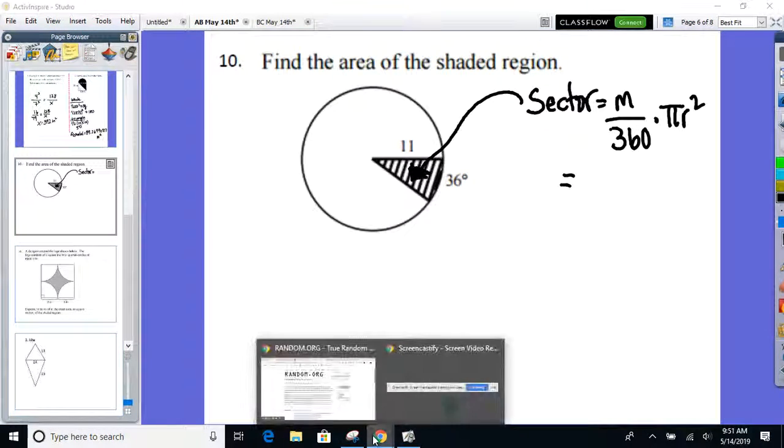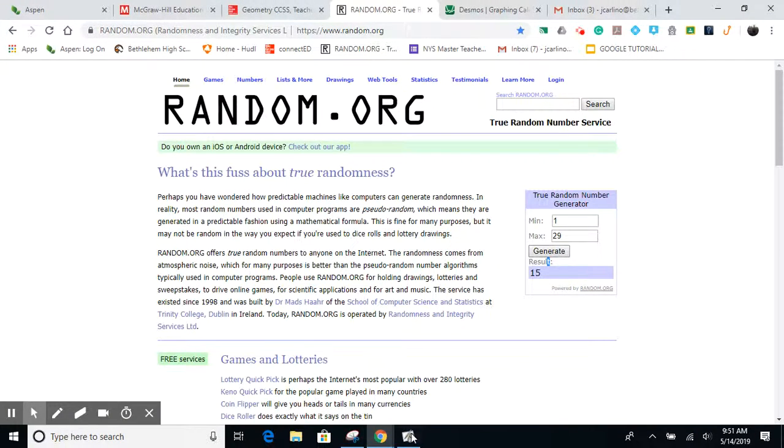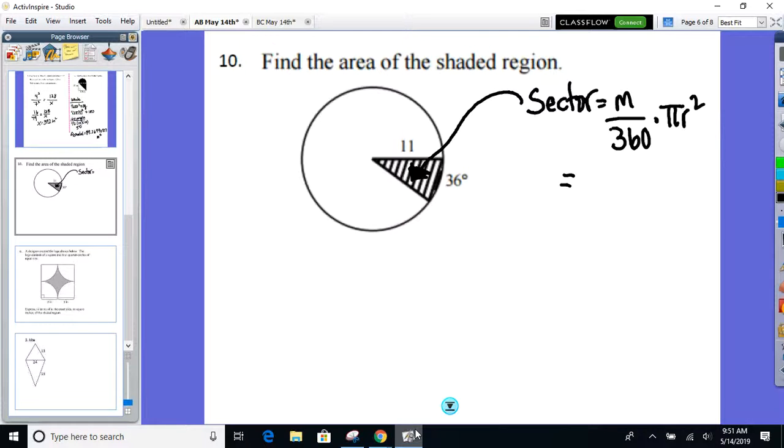All right, so here we go. A little help filling it in. What's the measure of the arc? 36 over 360 times pi. How about the radius? 11 squared. I'll ask you guys, leave it in terms of pi for me right now. So go ahead, do your number crunching.